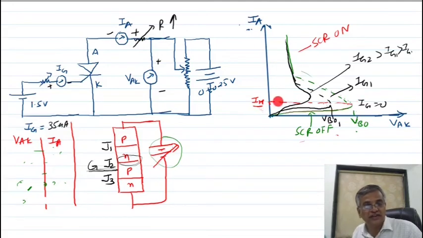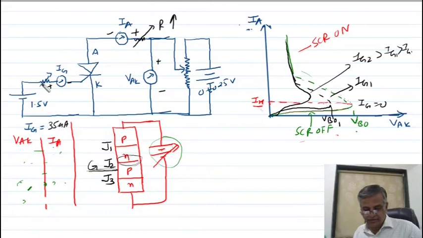Because I told you the holding current is the required current to pass through the SCR to keep it on. So by increasing this value, you have to reduce this current below IH.